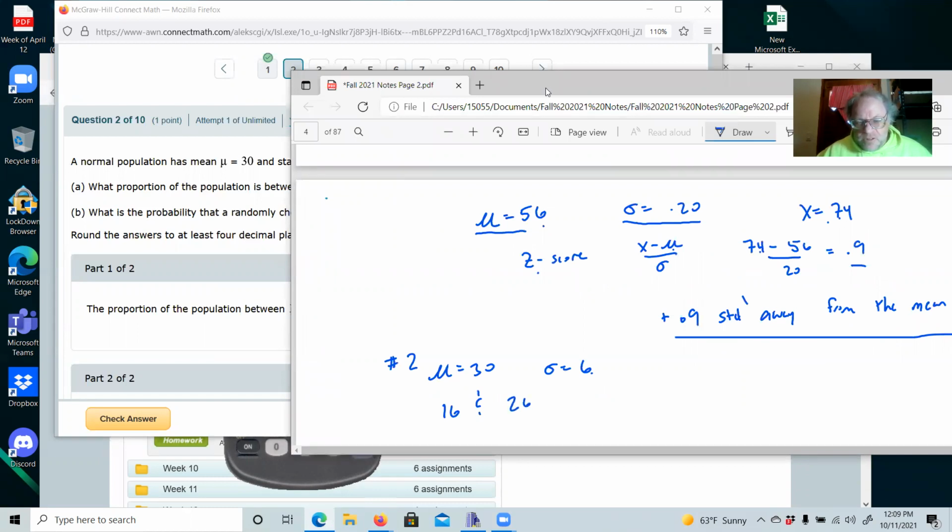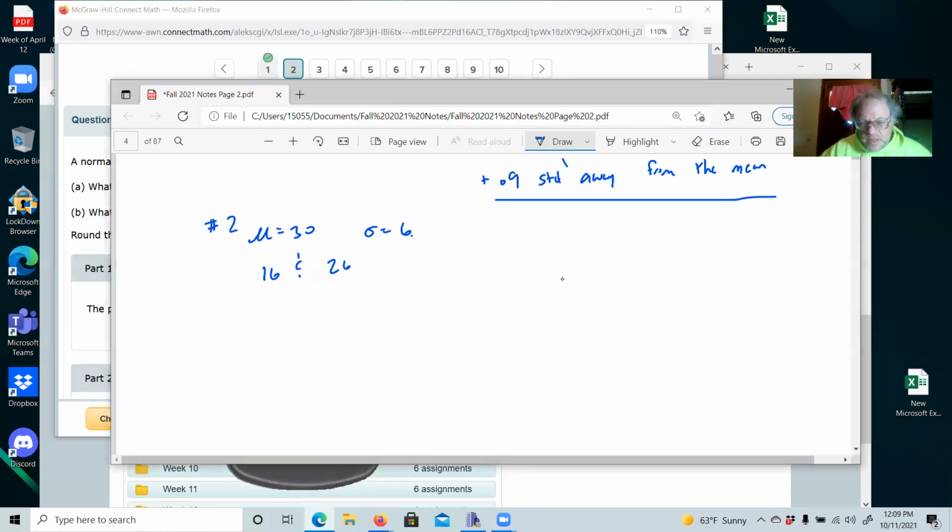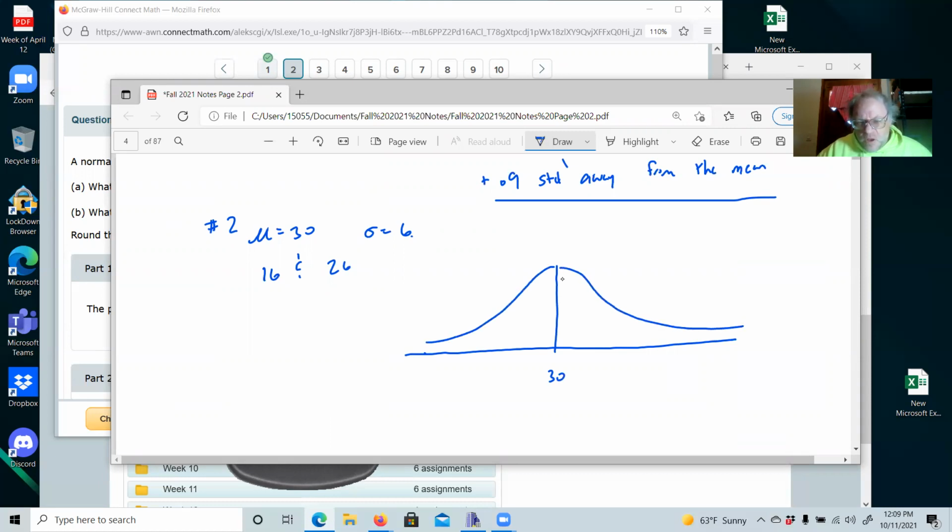If I was going to draw this, we normally don't draw normal distributions for something like this. Here's 30, and one standard deviation away, 6 below, so 30 minus 6 is 24. It's one standard deviation down.